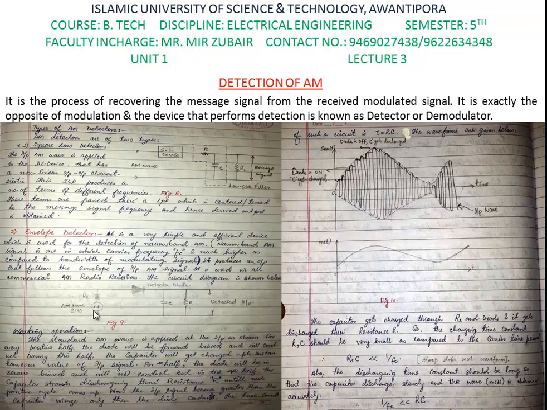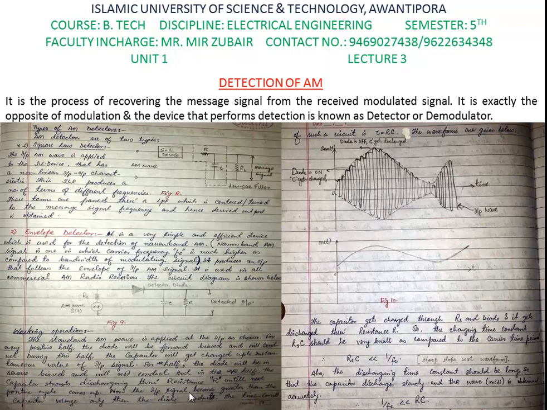In the negative half, the diode will be reverse biased and will not conduct. But in the negative half, the capacitor starts discharging through resistance R until the next positive cycle comes.